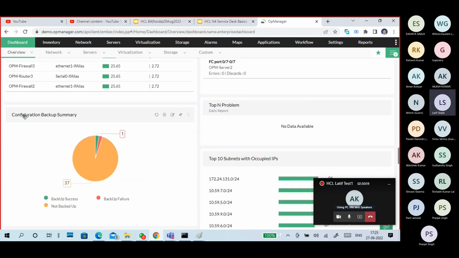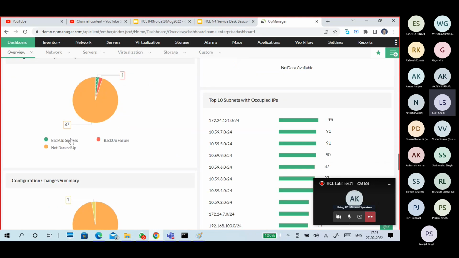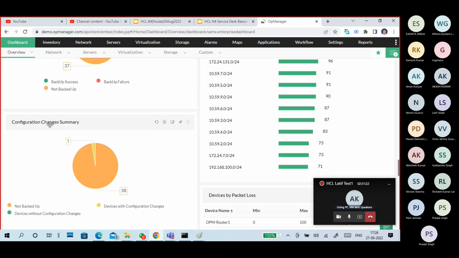See, this is the backup summary: backup successful, backup failure, not backup. The value 37 is the number of devices not backed up. Successful backup: only one device backed up successfully. One device backup failure. 37 devices not backed up.